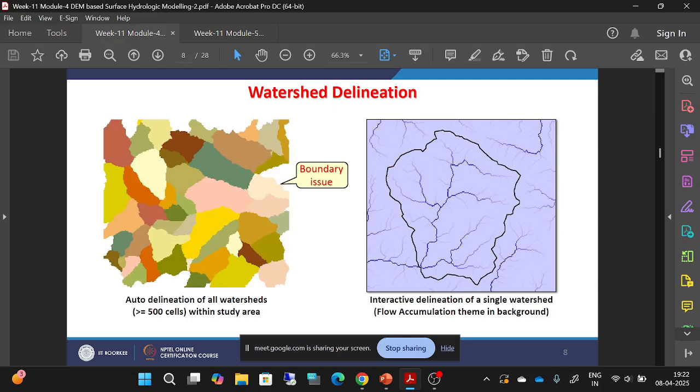So here we have a diagram showing the watershed delineation. Again, the same digital elevation model has been used. The watershed has been delineated and the threshold value was kept at more than 500 cells for the flow accumulation. So they have kept the threshold for greater than 500 cells.